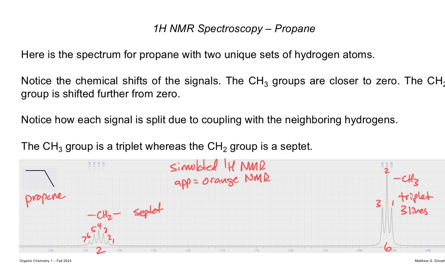That's another way to think about it. For this one, 3 minus 1 is 2, so that has 2 neighbors. So again, just make sure that you're keeping straight that the multiplicity arises from the neighboring hydrogens.